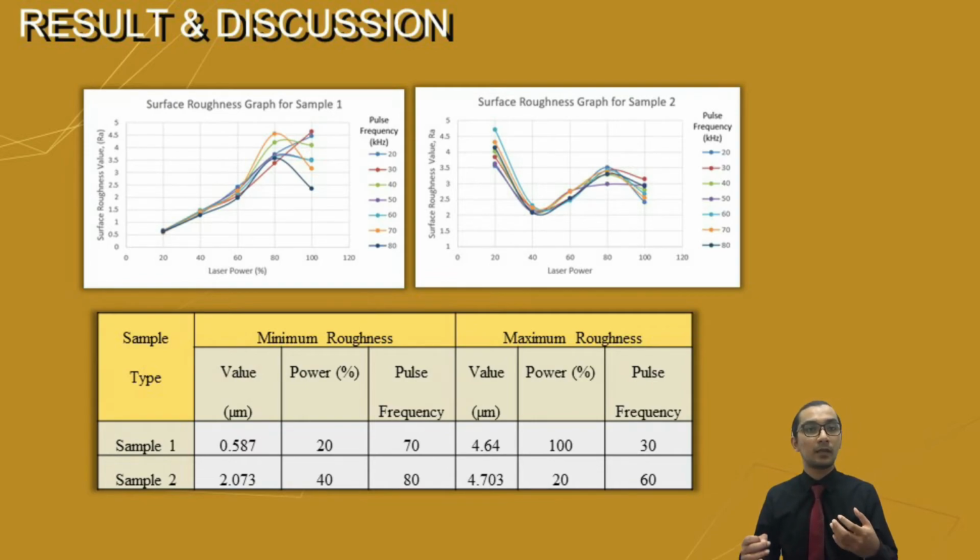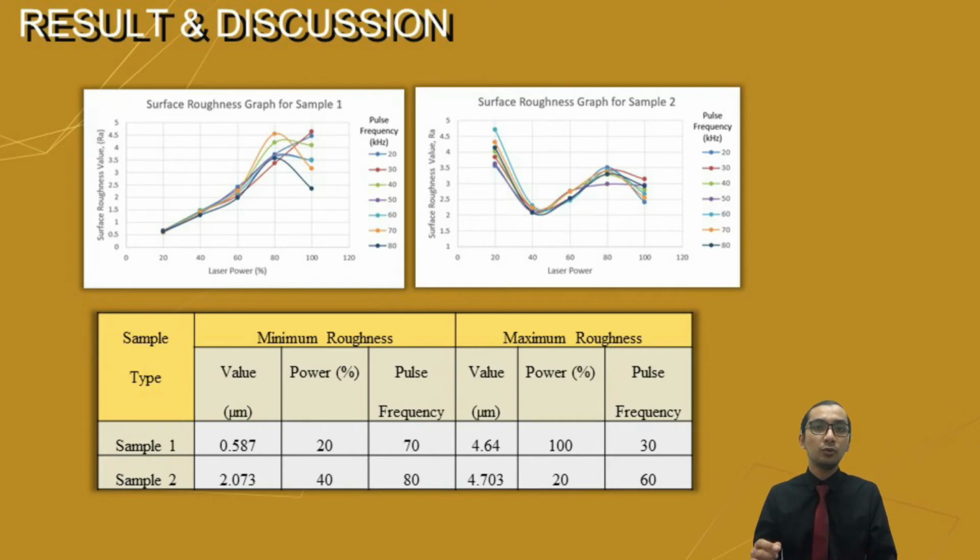The table below shows the minimum roughness and maximum roughness values of sample 1 and sample 2. From the surface roughness values, it can be determined that for sample 1, the lower laser power gives the best result, or lowest surface roughness reading, for all the pulse frequencies.